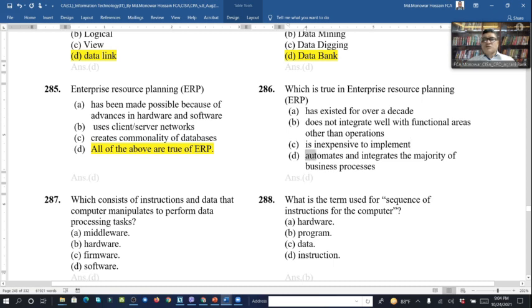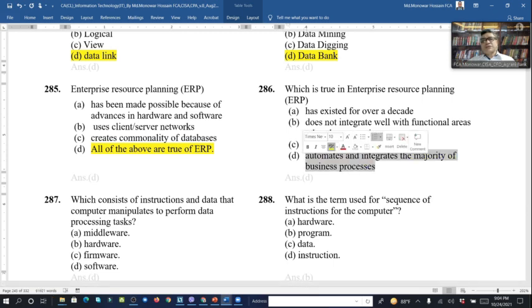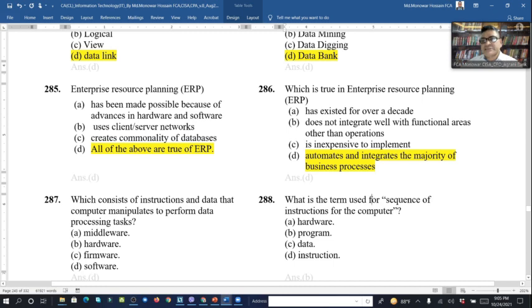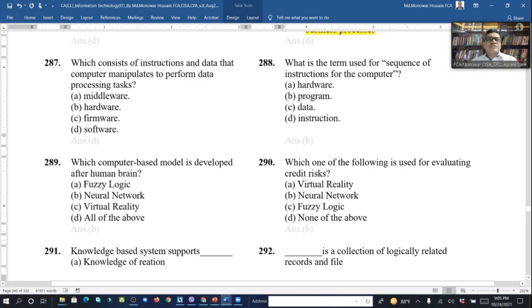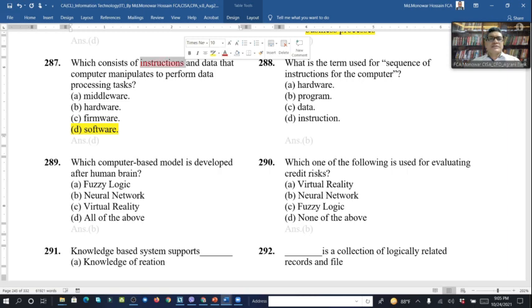ERP automates and integrates the majority of the business processes, which consists of instruction and data that the computer manipulates to perform data processing tasks. This is related with software, which consists of instructions. So the basic relation with instruction is software.